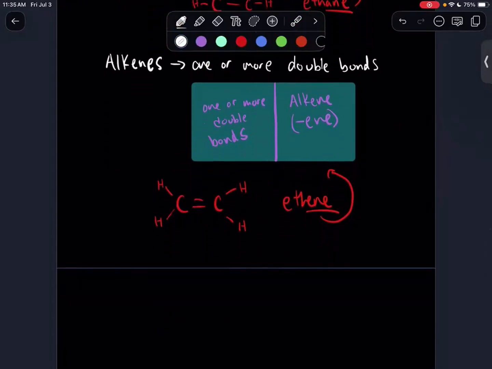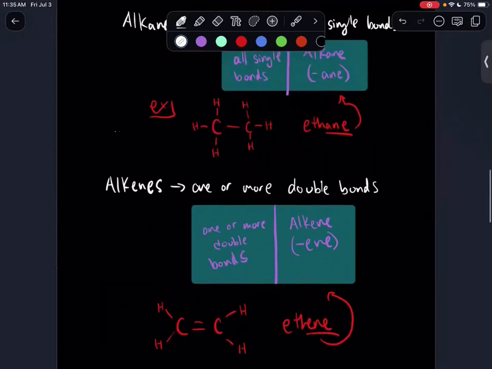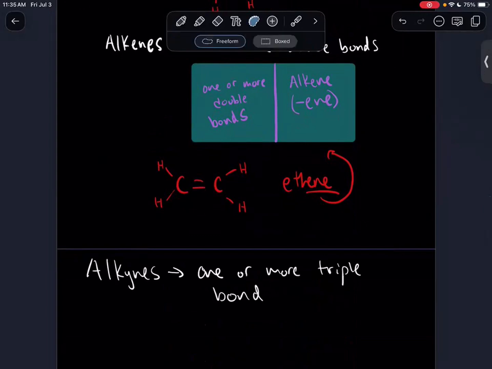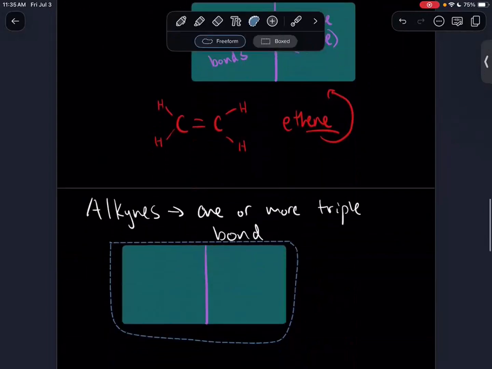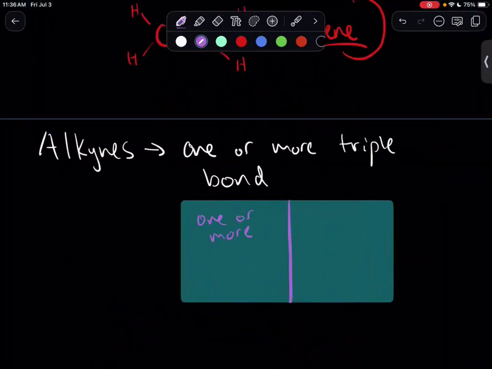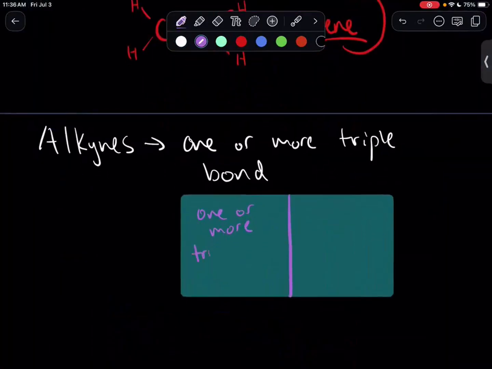The last one here is alkynes. If you are good at patterns, you may recognize single bonds, double bonds. This is one or more triple bond. And so our flashcard is going to read something similar, one or more triple bond.